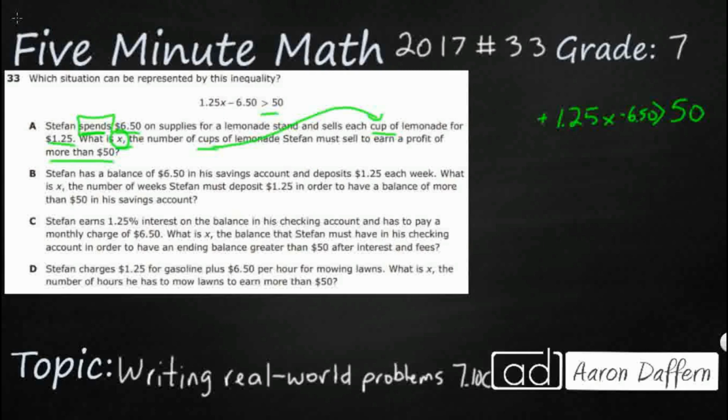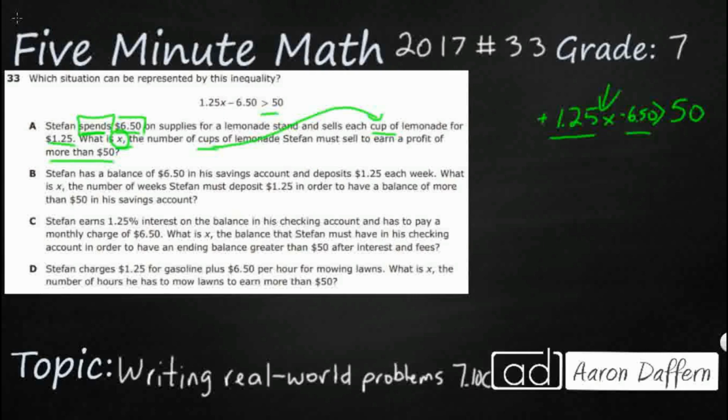So I need to take away my money for supplies. So this first one actually looks like it might be what we're looking for. Obviously, let's check the other ones to see if they're wrong, but yeah, it looks like I'm adding $1.25 for each one I sell, taking away my $6.50 because I spent that money on supplies, and I want to see how many of these I need to sell in order to get greater than $50 profit.